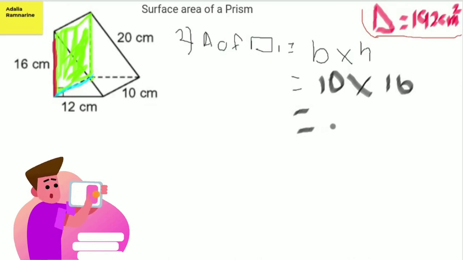So this will give us a total of 160 cm square.